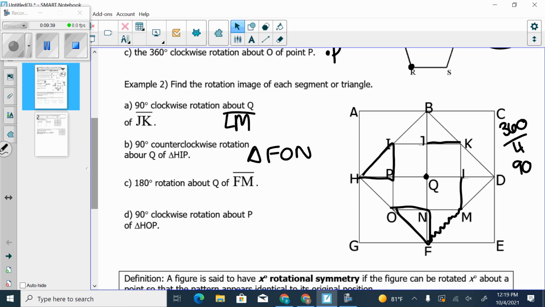But then to move one more, because it didn't just say 90, you'd have to turn again and move over. And it would be where? BI or IB, yes, very good. Would end up right here. If I rotated it once, it would have been right here. The second time ends up over here.